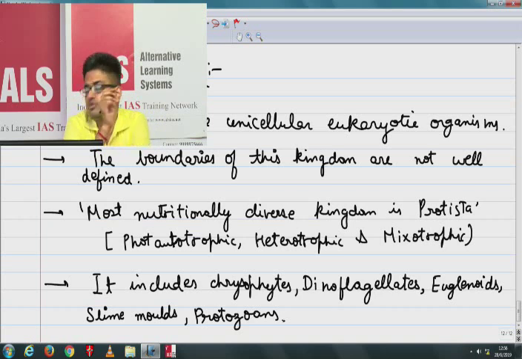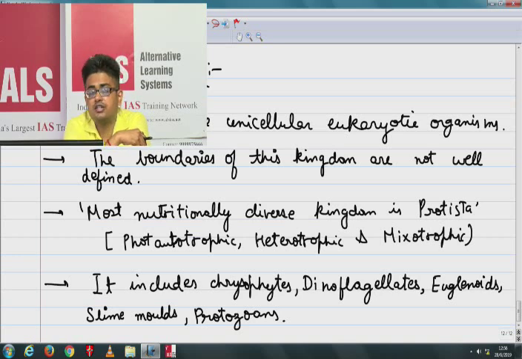Does anybody have a question? If you have it, you can ask me. This might be a little confusing for some people. These are unicellular eukaryotes, so we include unicellular organisms which can resemble animals, and those which can resemble fungi, for example slime mold. Protozoans resemble animals, still we are keeping them here.